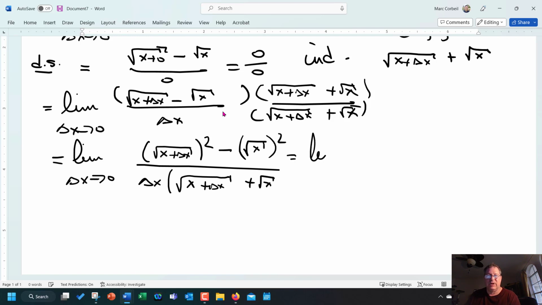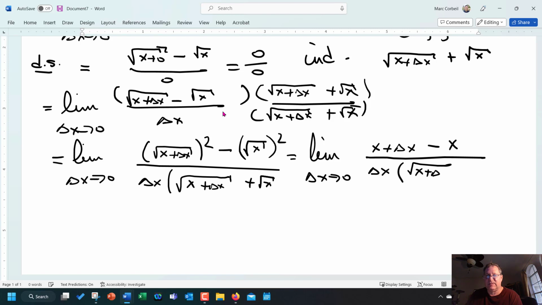In the numerator, let's see, x plus delta x squared will just be x plus delta x. Over here, I'll have just the square root of x squared, which is x, over square root of delta x, and I still have the square root of x plus delta x plus the square root of x in the denominator.